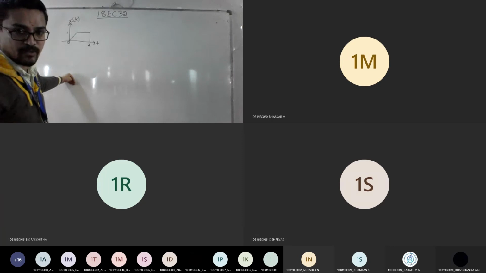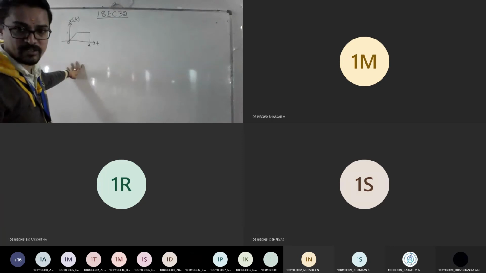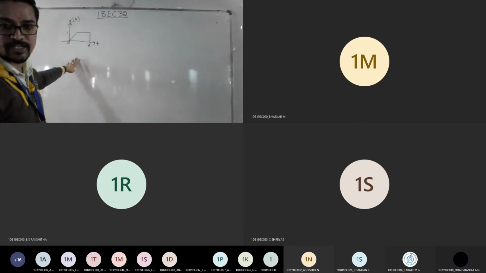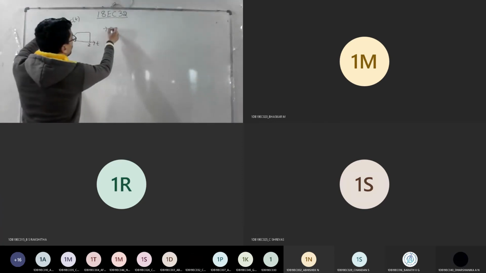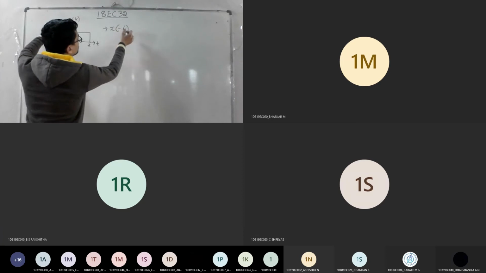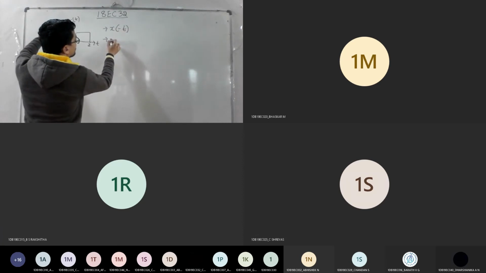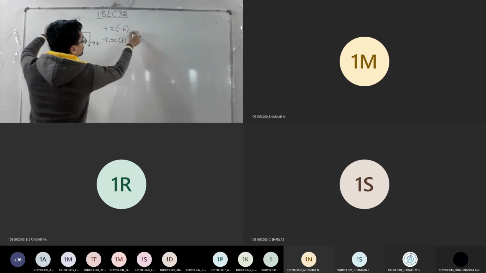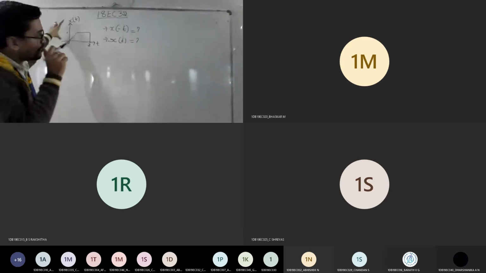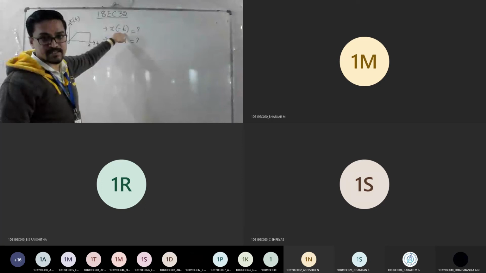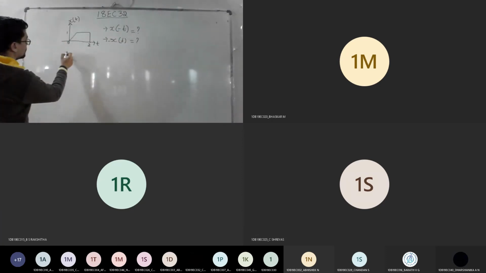It will be good for you while doing addition, multiplication, or subtraction. So if this is x of t, and they ask you to plot x of minus t and minus x of t, for the given x of t, if x of minus t is asked, I'll show you how to plot it.